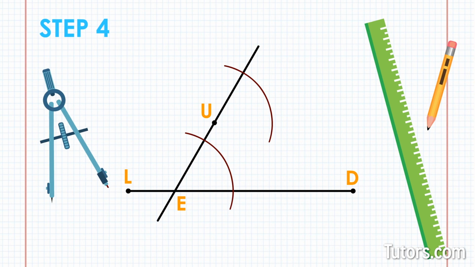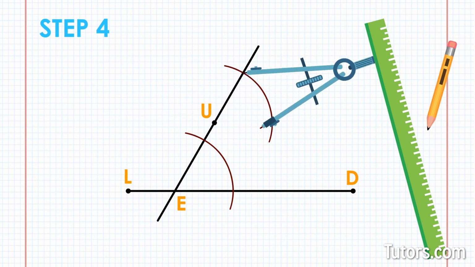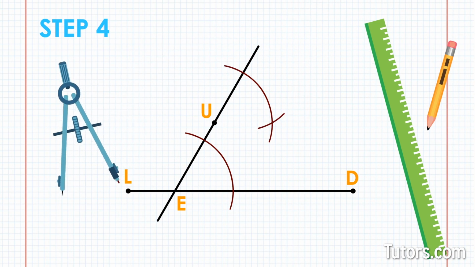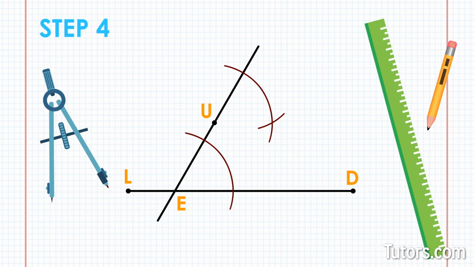Put the point down on the intersection of the second arc and the transverse, point U in our example. Swing the pencil leg of the compass to make a tiny mark through that second arc. Where you swung the compass and passed through the second drawn arc, you have a new point of intersection. Label that point. In our example, we call it point M.